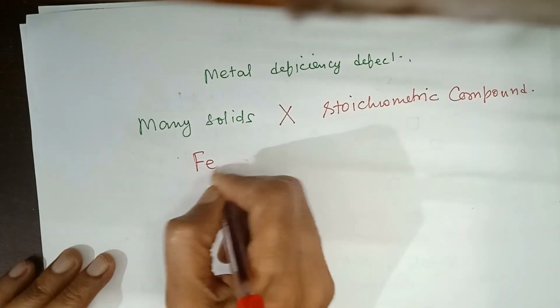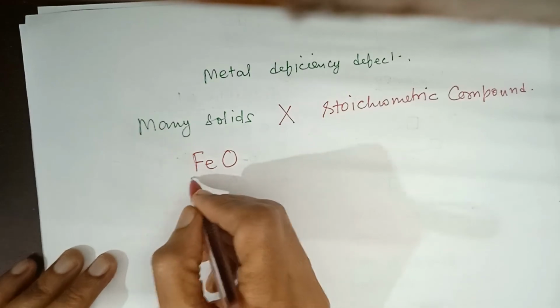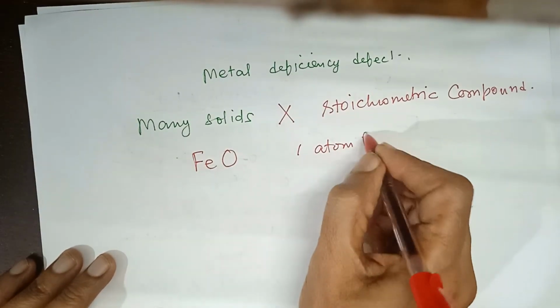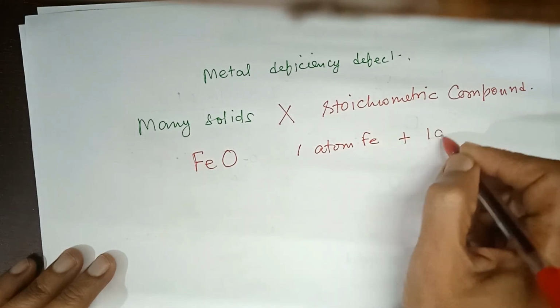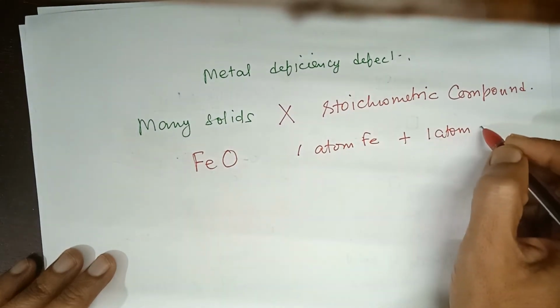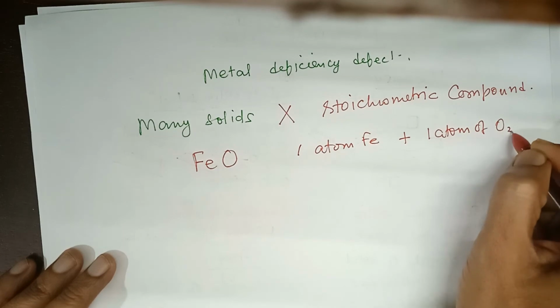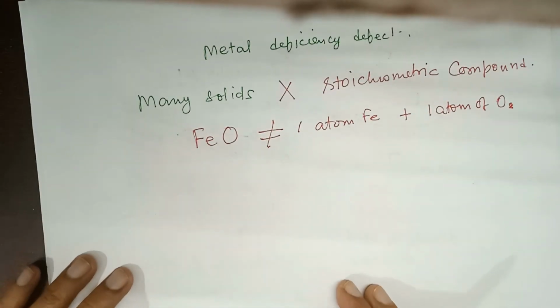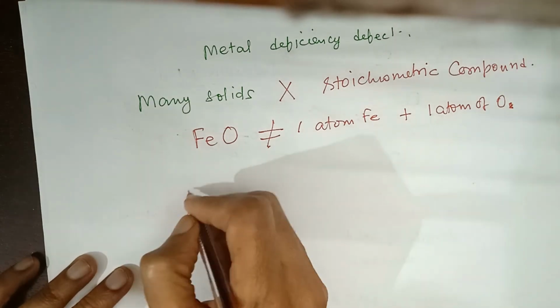Like FeO is not one atom of Fe plus one atom of oxygen. This is not the position. Then what is the position?